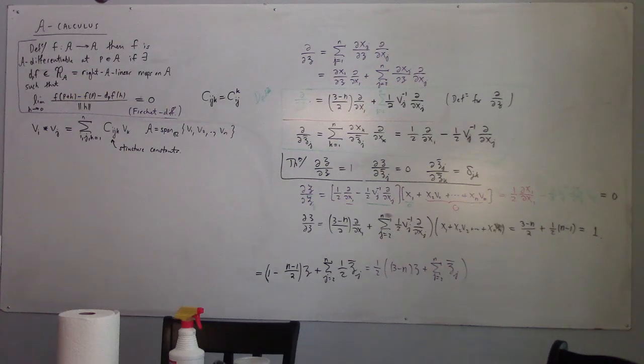I'm stuck between worlds. I'm reading papers from 1940, 1930. The indices are all down. Whereas when I look at stuff that's more modern, they tend to put the index up because of other considerations. But in any event, so we're supposed to say if f is differentiable at p, right?